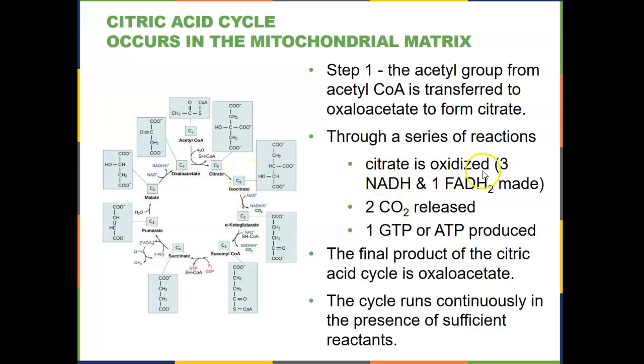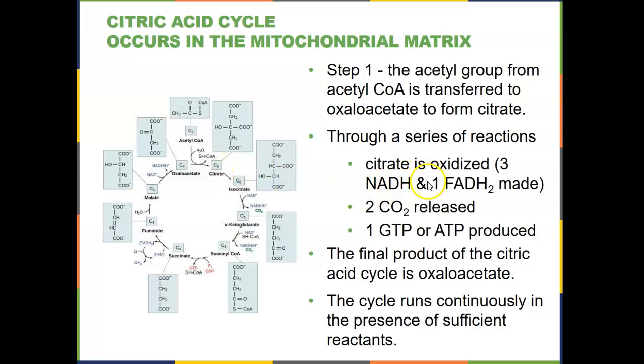So we've got a summary reaction right here. Citrate is oxidized. We make 3 NADHs, 1, 2, 3, 1 FADH2 right here, 1 GTP or ATP right here. And that's for 1 acetyl-CoA. So we're going to run another acetyl-CoA through this process as well, 2 of them to account for the entire glucose.